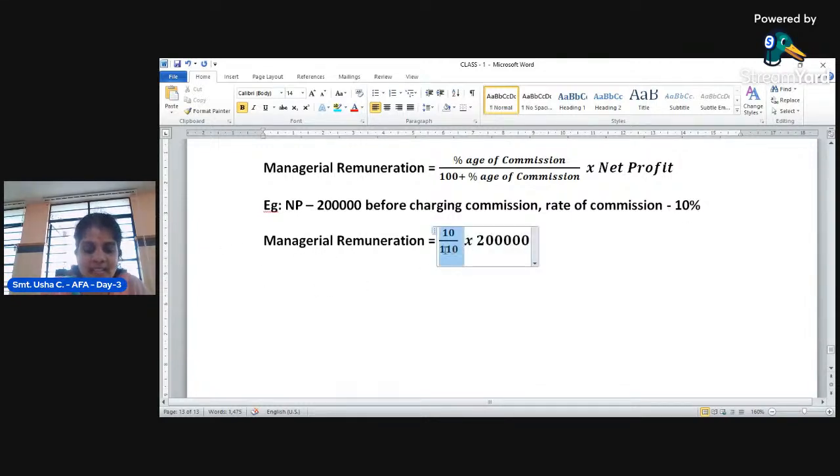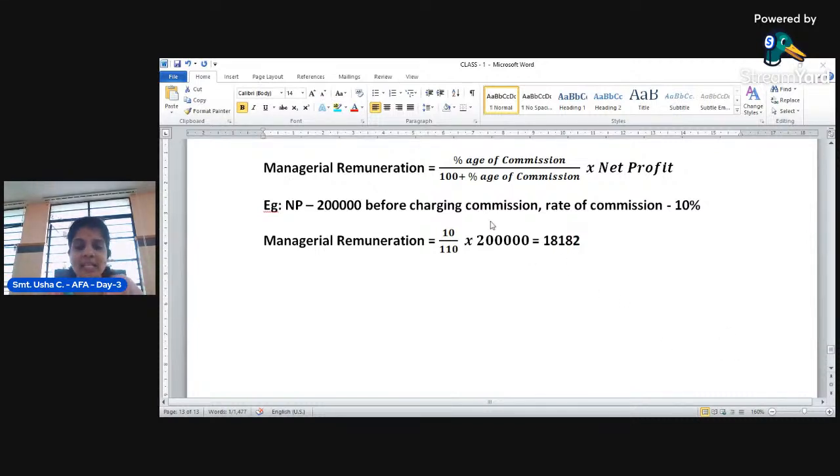So this 110% is 2 lakh rupees. Then how much is for 10%? 10% is commission, right? You can calculate 2 lakh divided by 110 into 10. How much is it? 18,182. Correct. If you round off the last digit, if it is more than 5, you can round it off. It is 18,182. Got it, everyone?